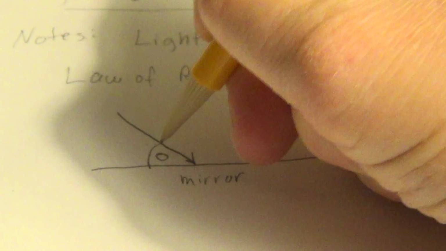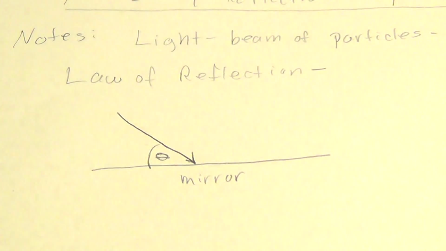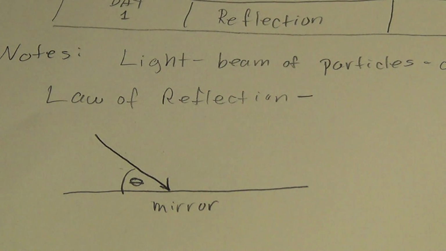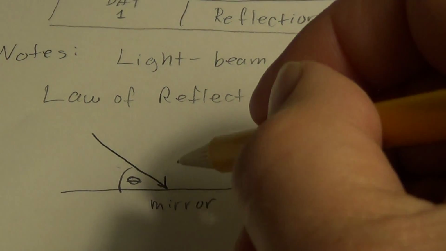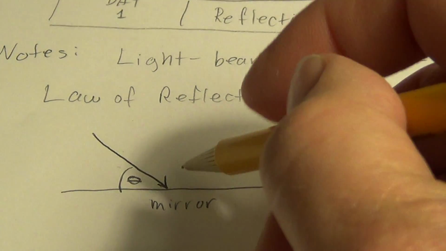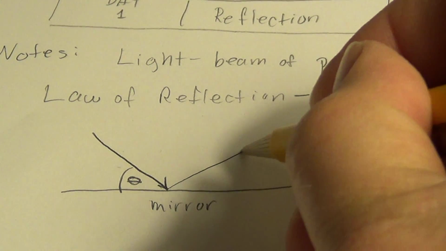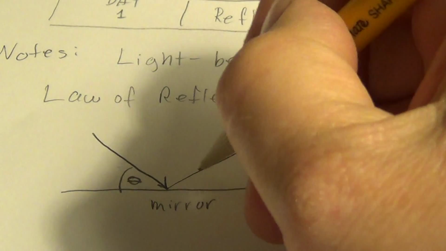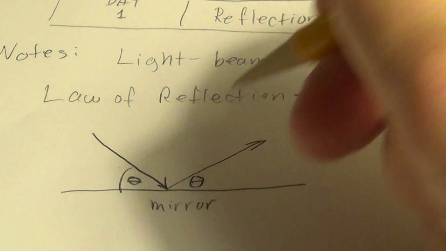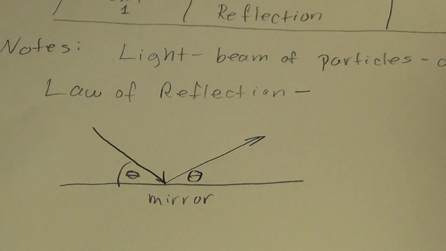I'm going to put down the angle right there, the typical symbol for angle, theta, and then the mirror, because of its properties, will not absorb it, it will reflect it, and it goes off, lo and behold, at the same angle.